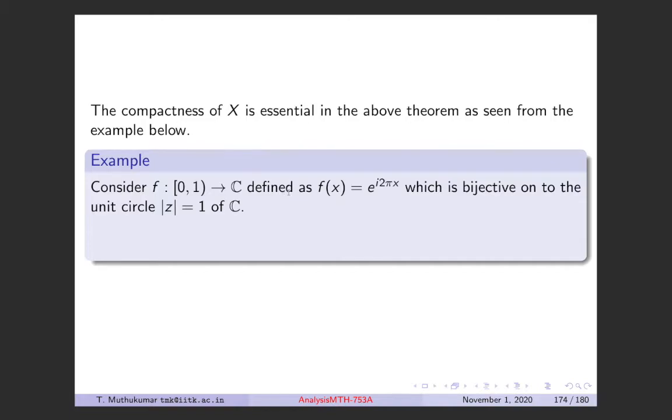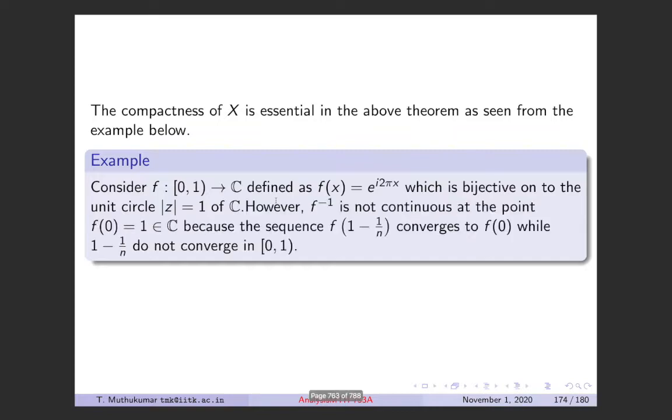And you know that this map is one-to-one and onto. Now, 0 is mapped here to 1, e to the power 0, which is 1. So f of 0 is 1.